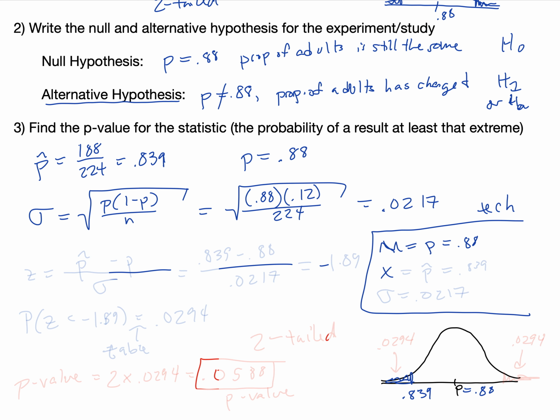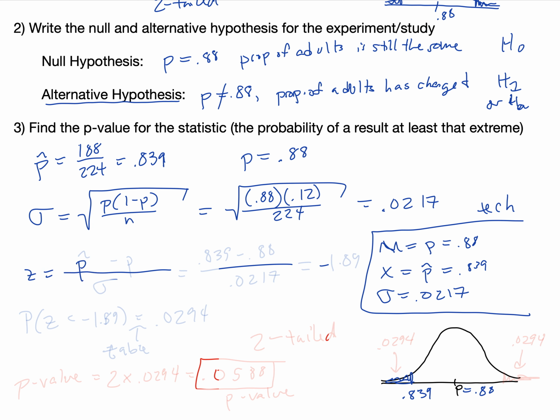Your data value is the sample proportion, that's 0.839. And your standard deviation is 0.0217. So you could use technology there with those values, or you could calculate a z-score.